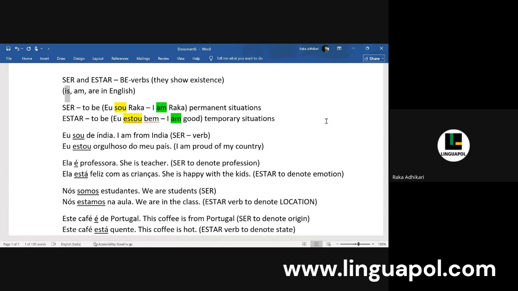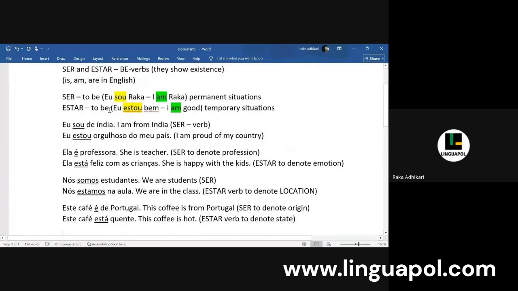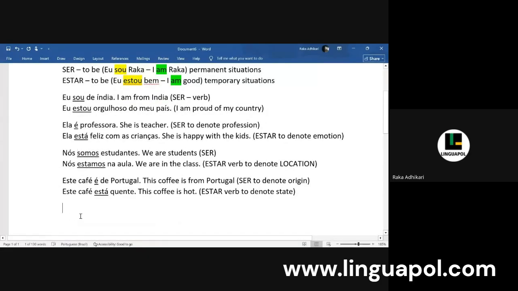So with different persons or different subjects, the form of the verb changes. Just like we saw with the ser verb, with eu, we are using sou. Whereas with ela, that is she, we are using é. With nós, we are using somos. So the form of the verb changes.